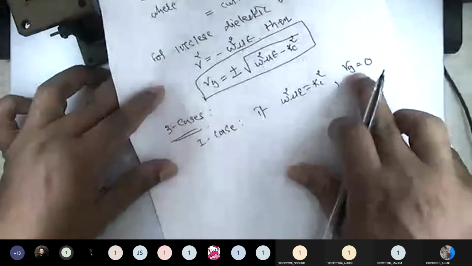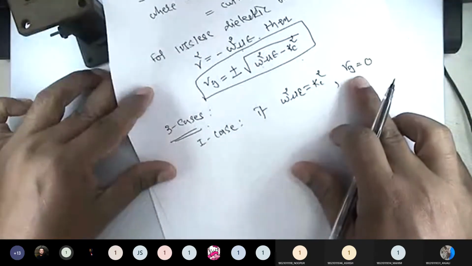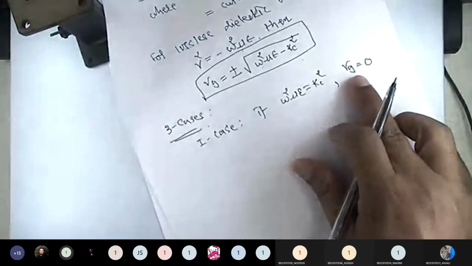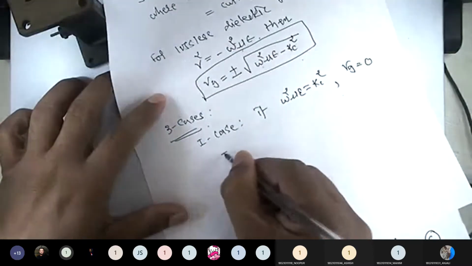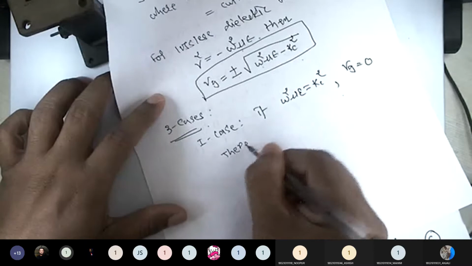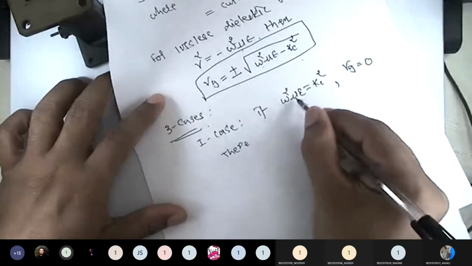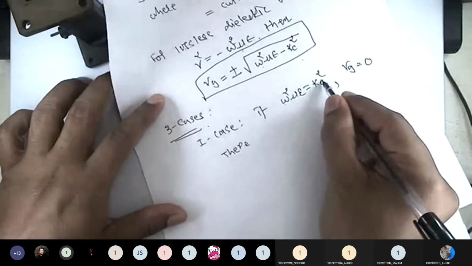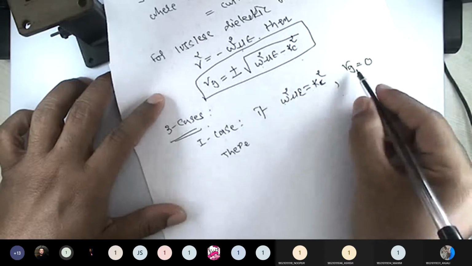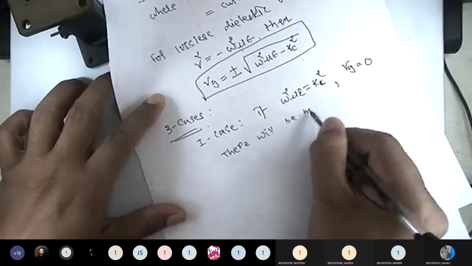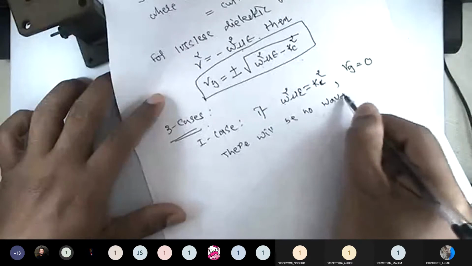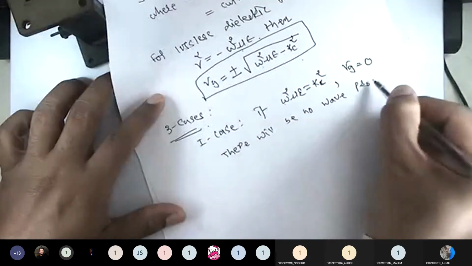And once gamma g becomes 0, it is very clear that there will be no wave propagating in the guide. So in this case, where omega square mu epsilon is equal to kc square, there will be no wave propagation.